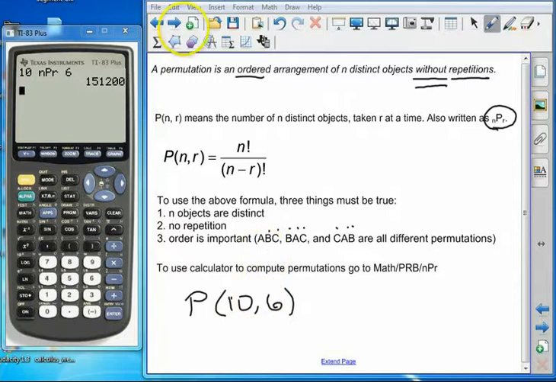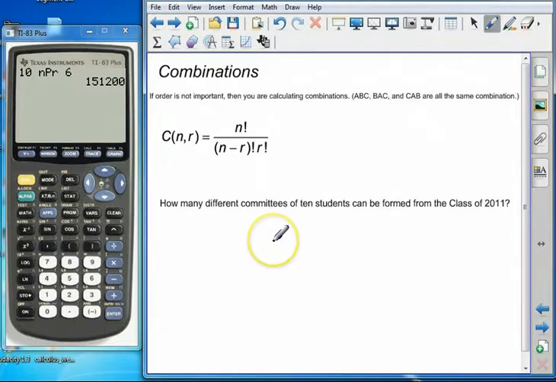Let's talk about combinations. A combination is like a permutation. The only difference really is that order is not important. So in other words, that ABC, BAC, and CAB, those are all the same combination now. This formula is a little bit different.